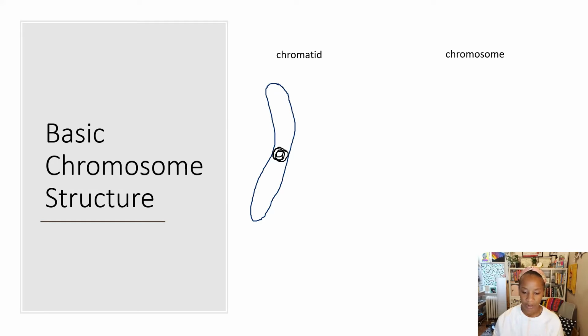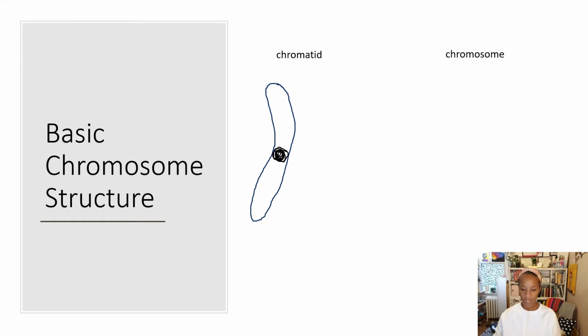That's a little structure right there. A somatic cell's chromosomes are made through the duplication of chromatids. So this is one chromatid during cell replication, which we'll talk about when we look at mitosis.